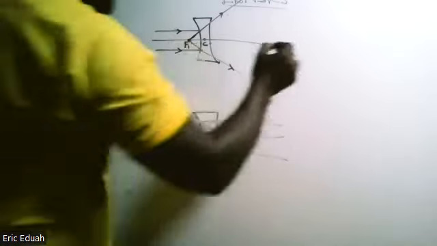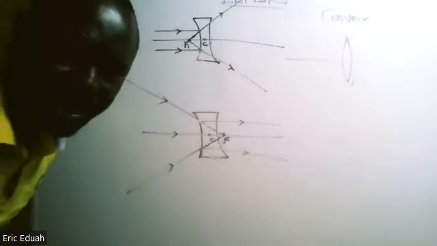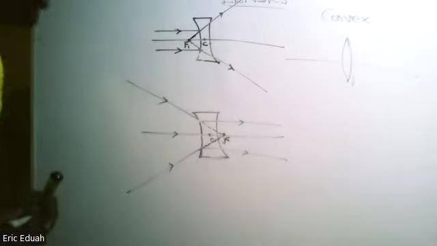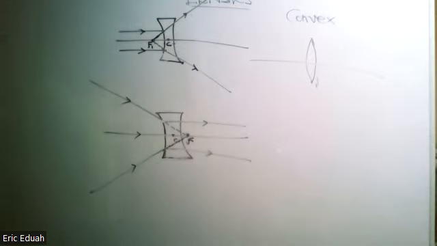So for convex lens 2, let's draw something for convex lens as well. Can you see? Not really.